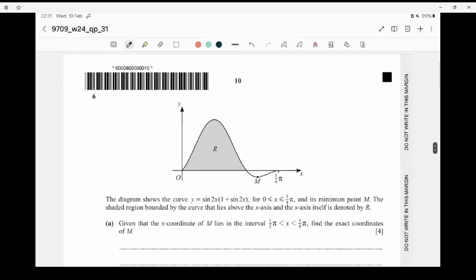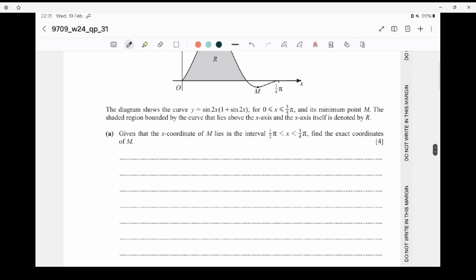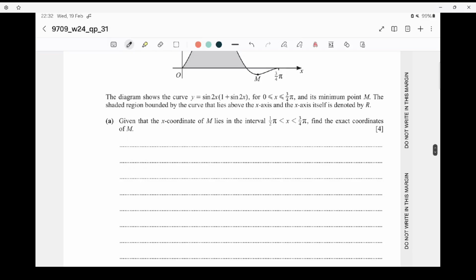So now question 6. The diagram shows the curve and the minimum point. You have a shaded region. Given that your x coordinate lies between pi over 2 to 3 pi over 4, find the exact coordinates of M. So you need to find the minimum. That's why you need to differentiate.